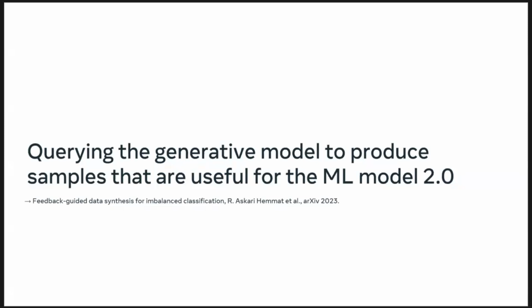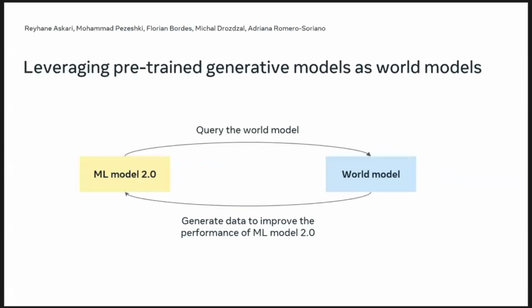Now the question is, provided that we're improving these generative models, how can we query them in order to produce samples that are useful for that downstream machine learning model? So we go back to the slide that we had in the beginning, where we have the machine learning model that queries the world model, or in our case, the conditional text-to-image generative model, in order to generate data to improve the machine learning model's performance.